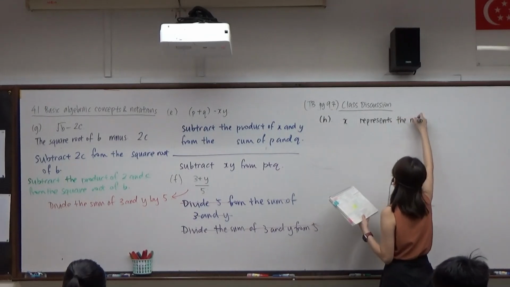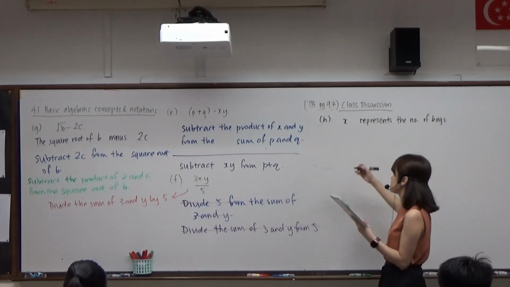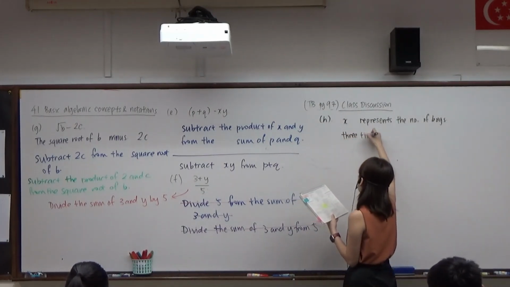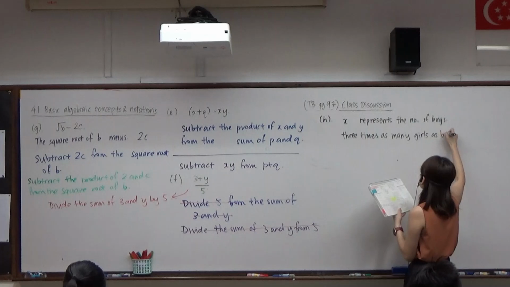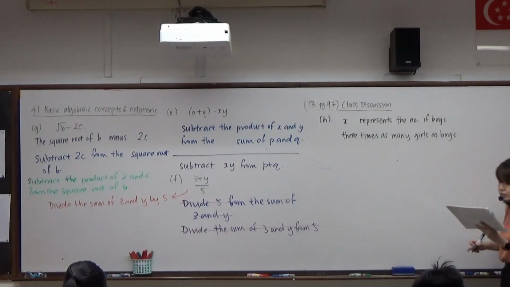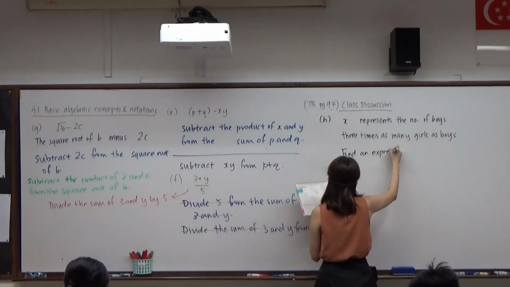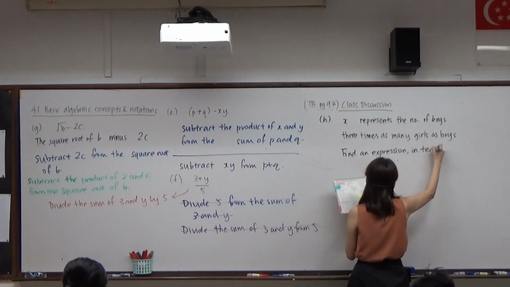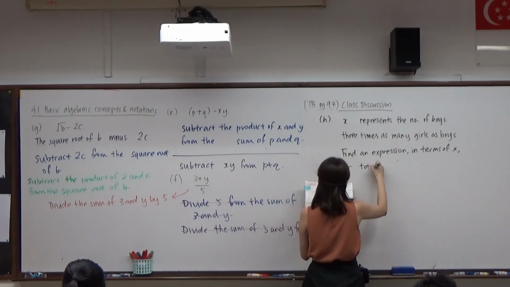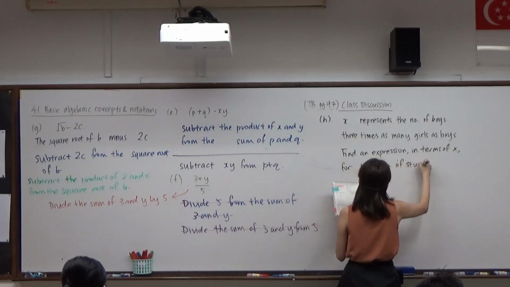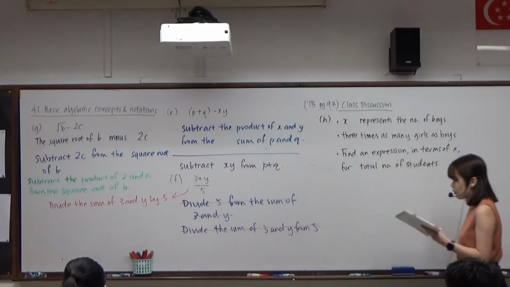I'm just writing the key phrases here: 3 times as many girls as boys, an expression in terms of x, for total number of students. These are 3 very important statements given in the question itself.